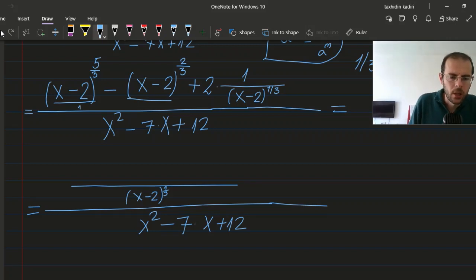Now 1 over this expression is (x minus 2) to the power 1/3.